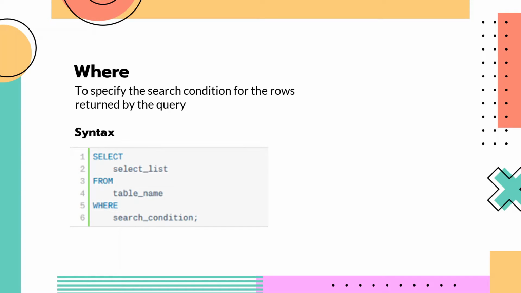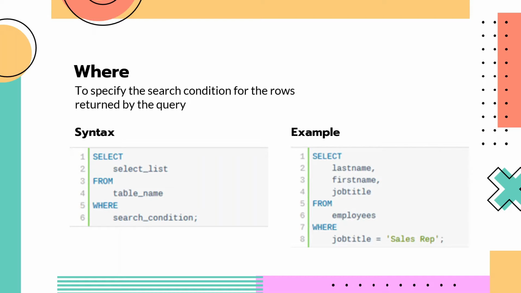Select, and then select list from table name, where, and then we specify the search condition. On the right side, we can see the example to use the where clause. This query is used to select last name, first name, and then job title from the employees table, where the job title of the data is sales rep.